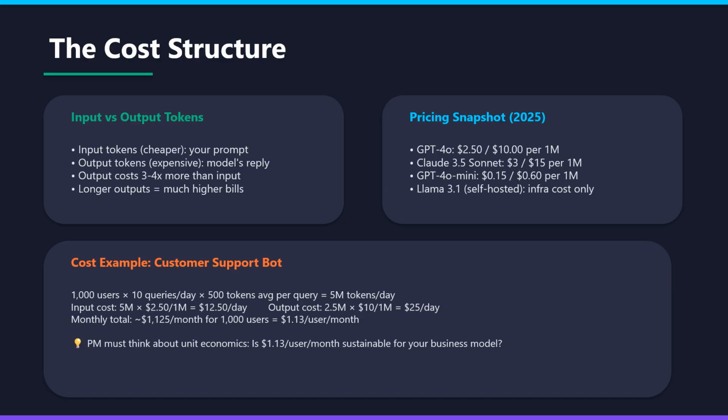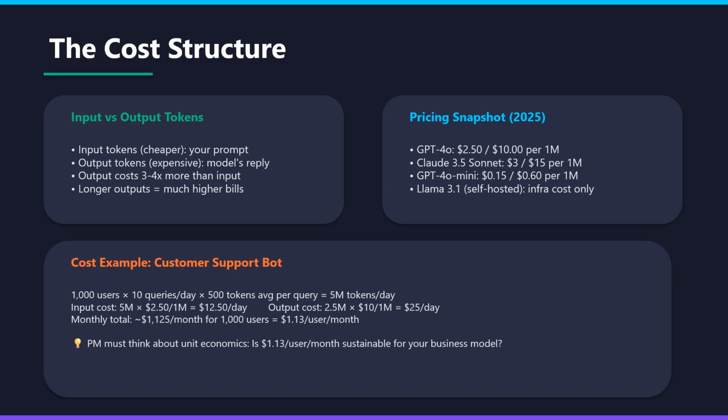GPT-4 Mini, just $0.15 for input and $0.60 per output per million. Great for simple tasks. Okay. And Llama 3.1 self-hosted is just your infrastructure cost.